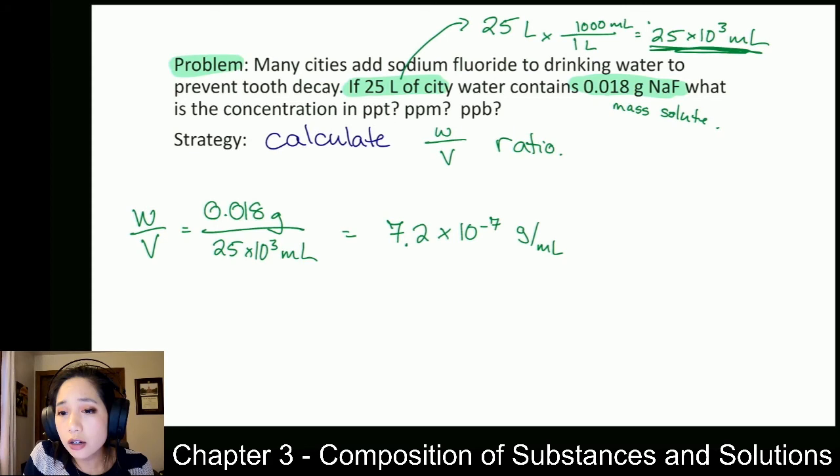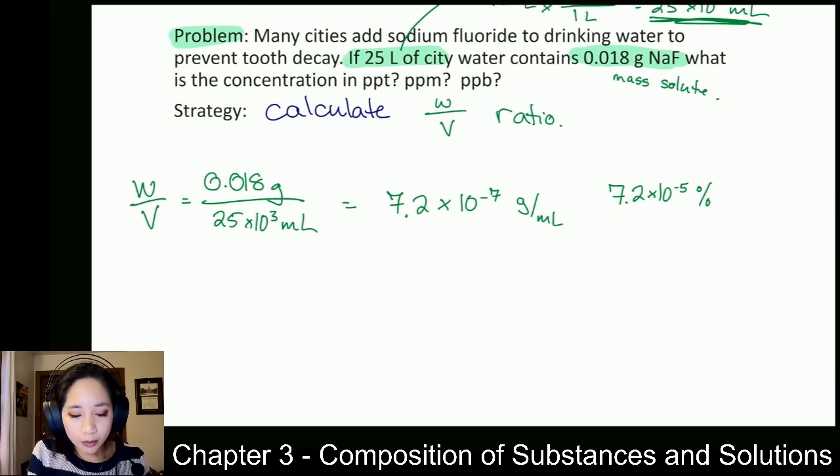If we wanted to convert that to a percentage, to convey the weight percent, it would be a small number. It'd be hard to see. It would be 7.2 times 10 to the negative 5 percent. That's a really small percentage. So this is why conveying numbers in parts per thousand, parts per million, parts per billion is a little bit easier on the eyes.